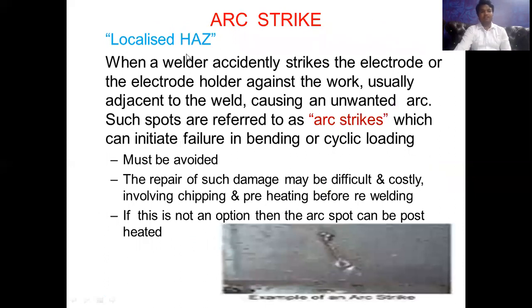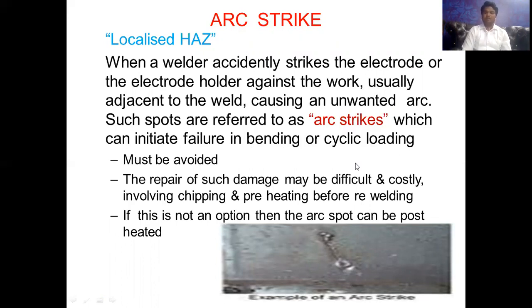Arc strikes. These are localized HAZ. When a welder accidentally strikes the electrode and the electrode holder against the work, usually adjacent to the weld, causing an unwanted arc, such spots are referred to as arc strikes, which can initiate failure in bending and cyclic loads. The arc strikes unintentionally while welding.